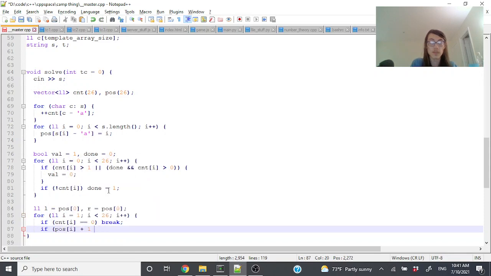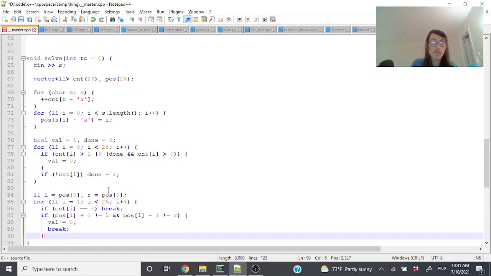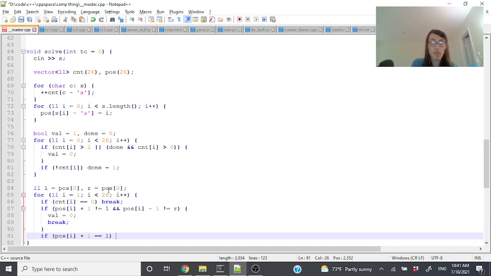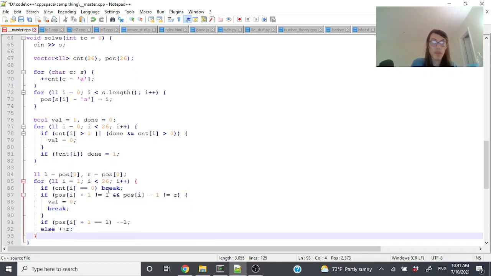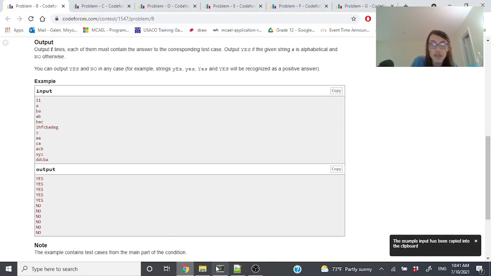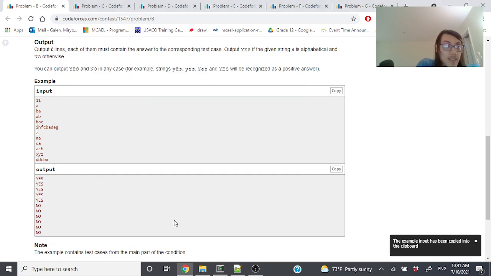Pause I plus 1 is equal to L. And pause I minus 1 is equal to R. L is equal to 0, break. Alright, so annoying so far. Yeah, I can't say I'm loving this, but it is problems.